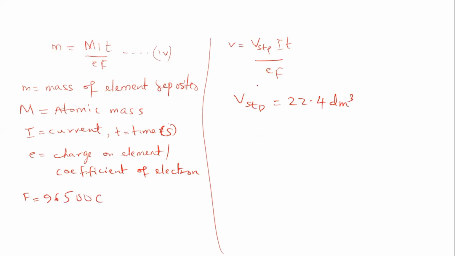And E is the coefficient of electron in the balanced equation. So this small letter V is the volume of gas given off or liberated.